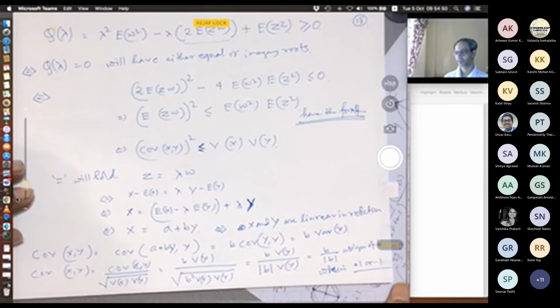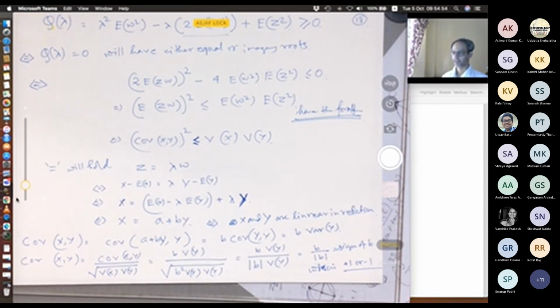So the correlation becomes +1 or -1 if they have an exactly linear relationship.